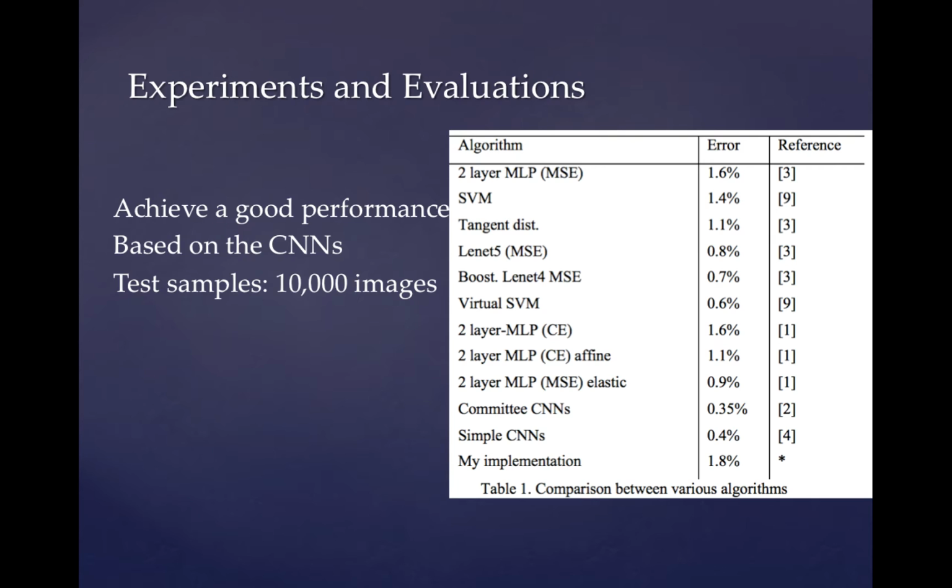My implementation's error rate is 1.8, which is reasonable and has improved the efficiency of the CNN implementation. And the test sample is 10,000 as shown before.